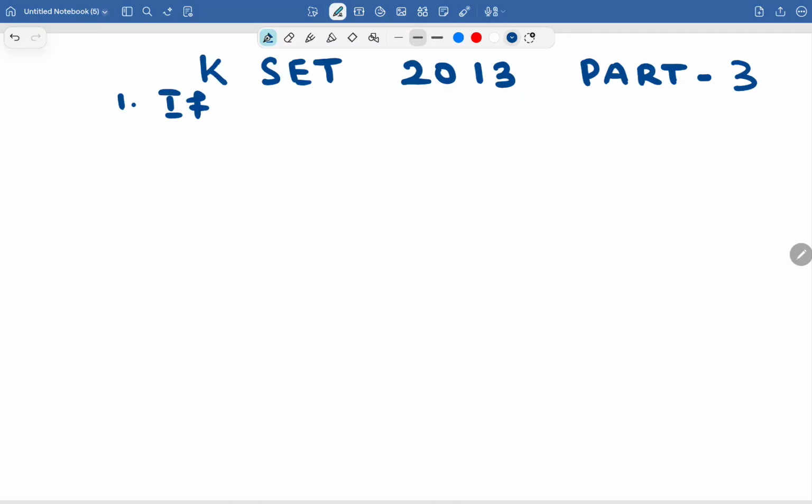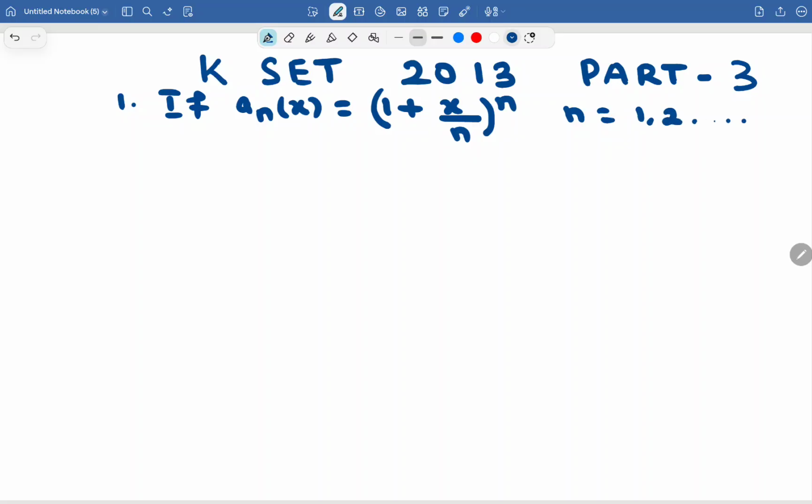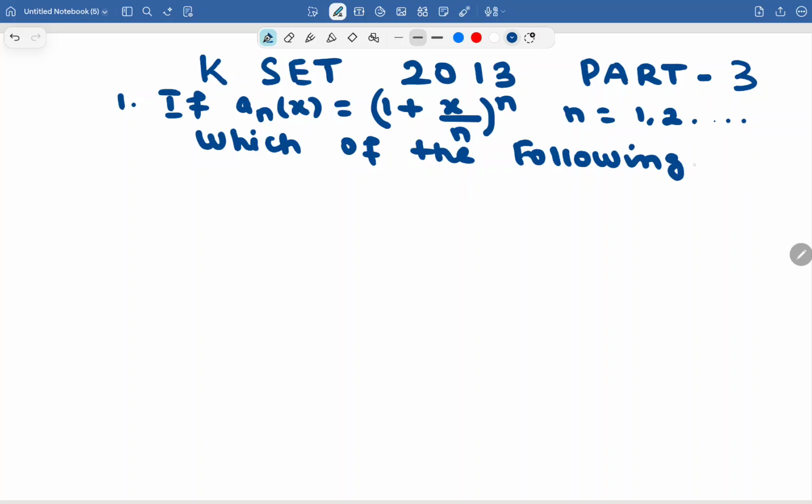If a_n(x) is equivalent to (1 plus x by n) power n, which of the following statements is true?